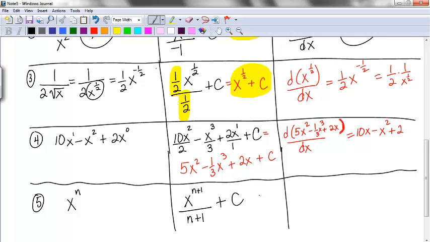So that's the general rule for a monomial or polynomial. Add 1 to the exponent, divide by the new exponent, and then plus c. So this is the general antiderivative. Now those are polynomials.